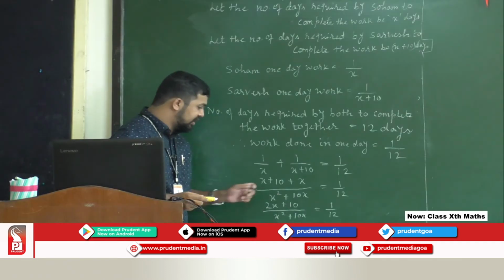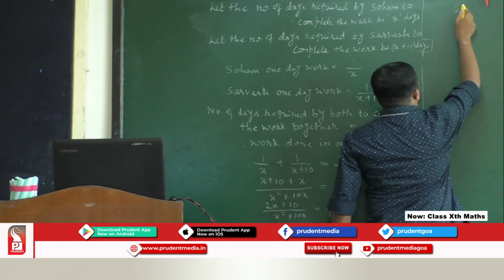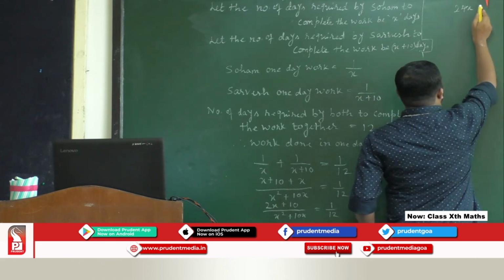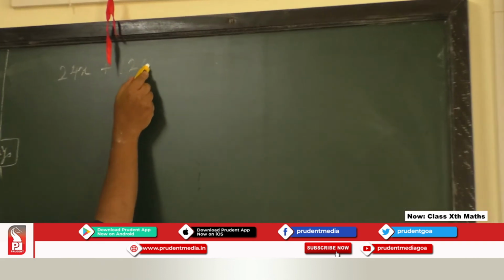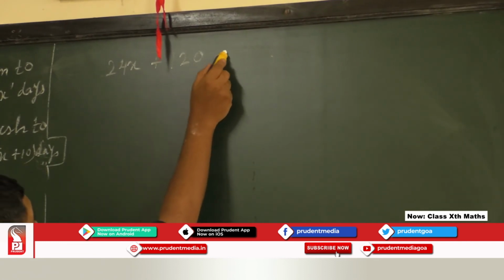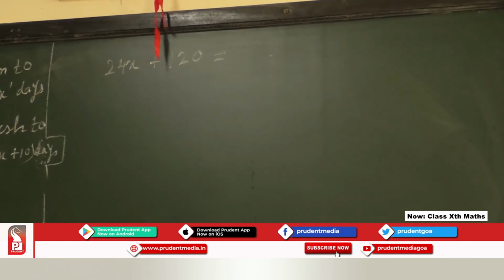Again do the cross multiplication. 12 2s are 24x, twelve tens are 120, equal to, I cross multiply here, 12 1s are 12, so 12 times x square plus 10x.